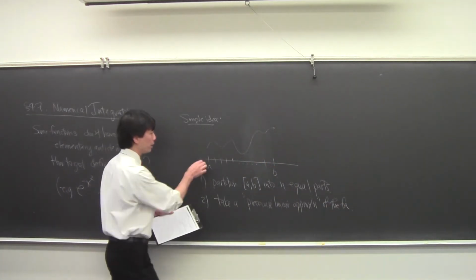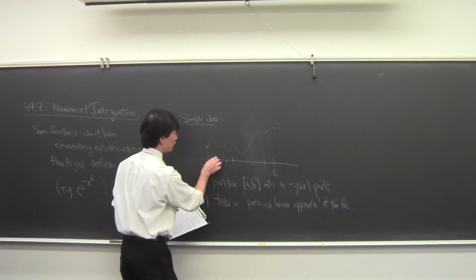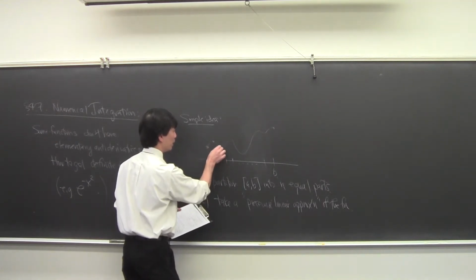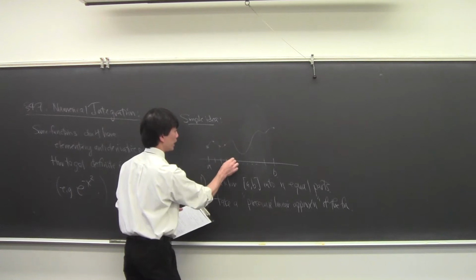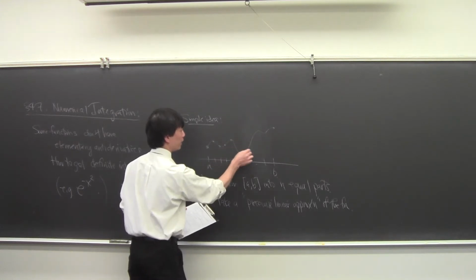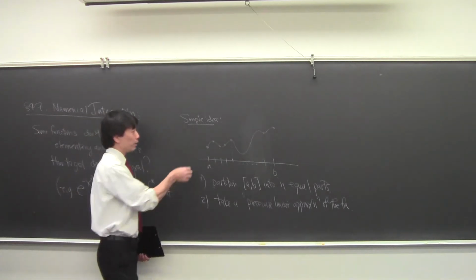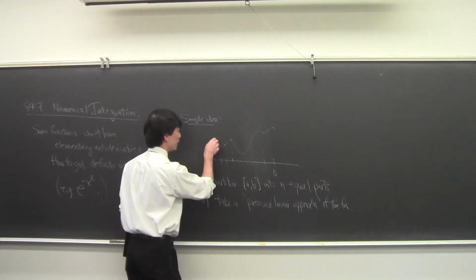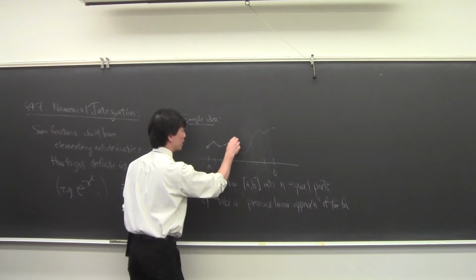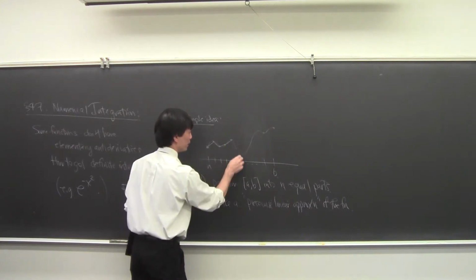So what happens is you take at each interval the endpoint and evaluate the function there. Okay. And then you just draw straight lines. So you make a piecewise linear approximation, right?